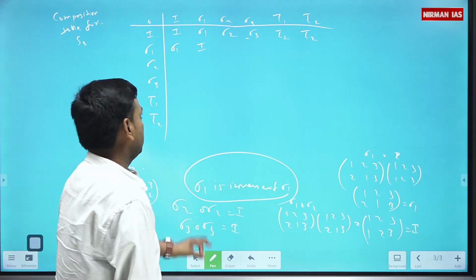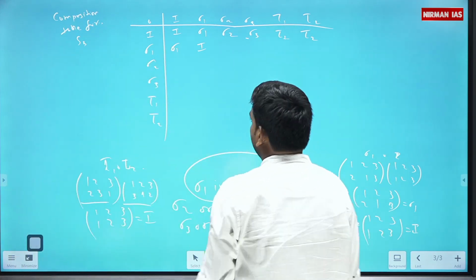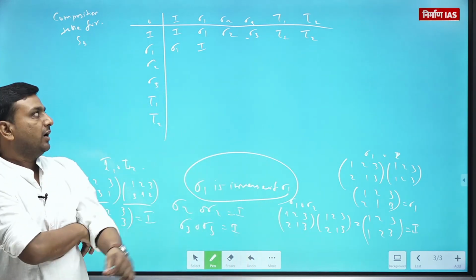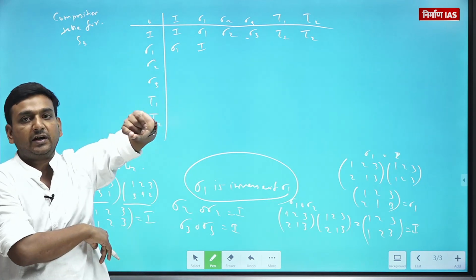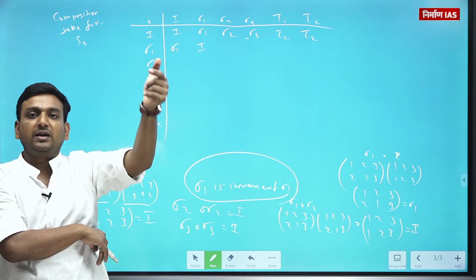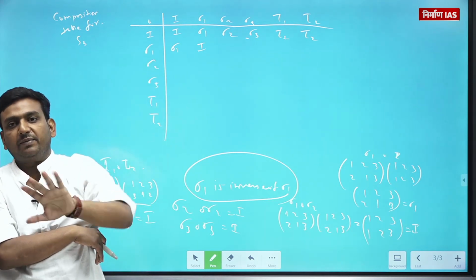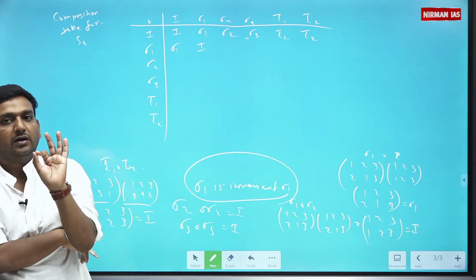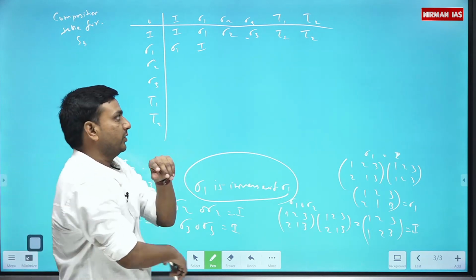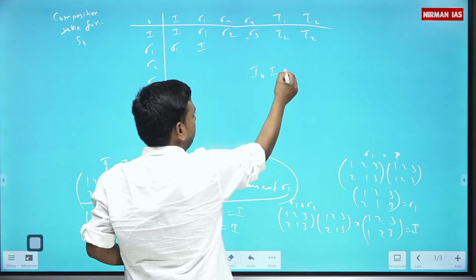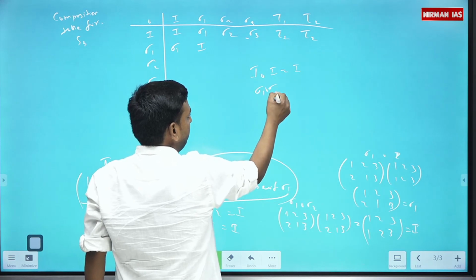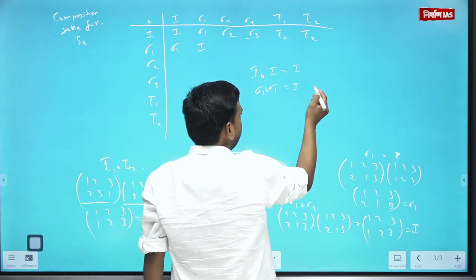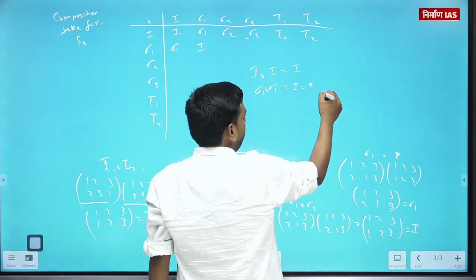Is that fine? So you can fill this composition table, and after filling it you will get that I is an element such that when you compose any element with I, you get that element itself. So I will work as an identity element. Inverse axiom: I composition I is I. Sigma 1 composition sigma 1 is iota, the identity element, you can call it whatever you wish.